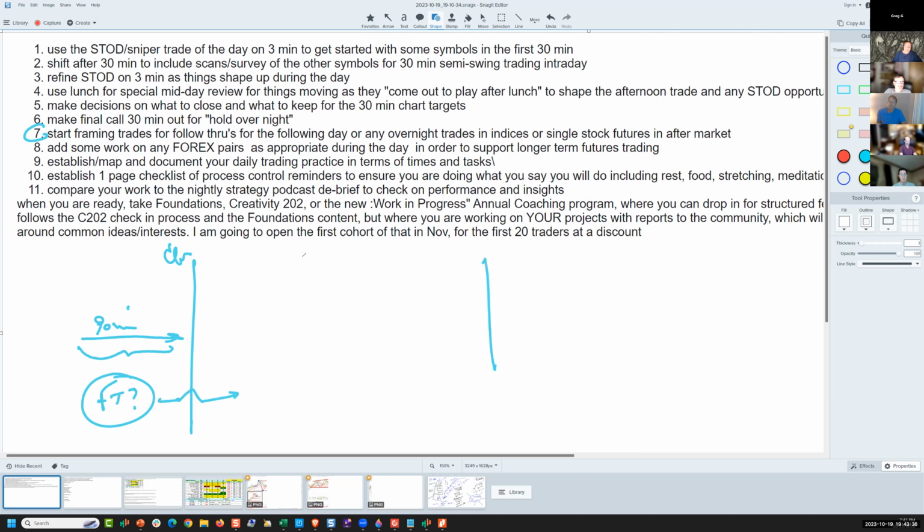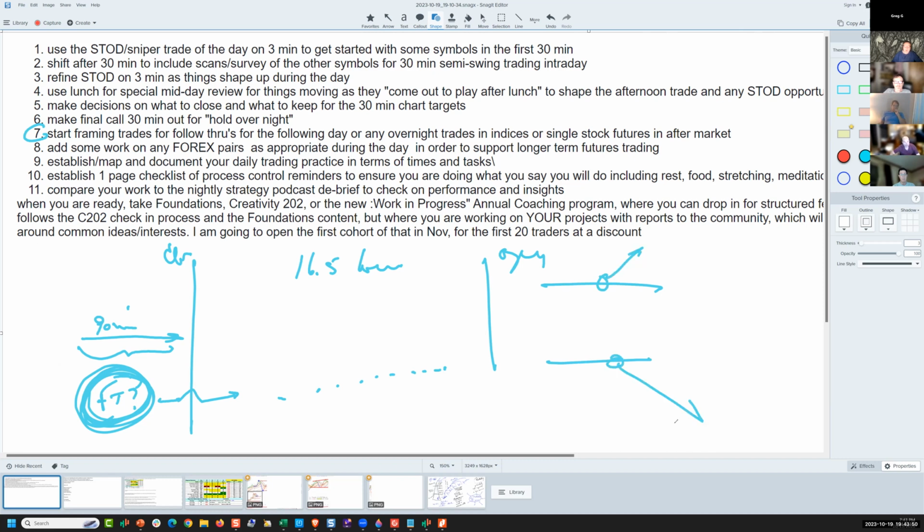And then that's going to take 16.5 hours before the open even occurs. But I'm already making some decisions today about what I want to prepare for tomorrow and where the support and resistance levels are. So I know I'm already starting to build my plan for tomorrow today as a result of the after action review or the analysis I'm doing.